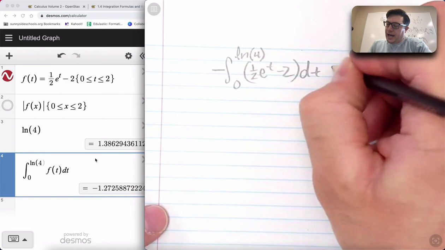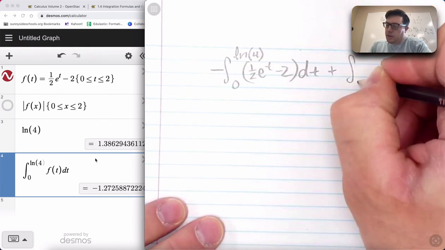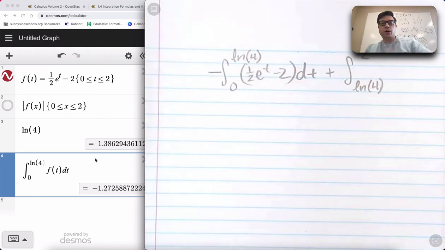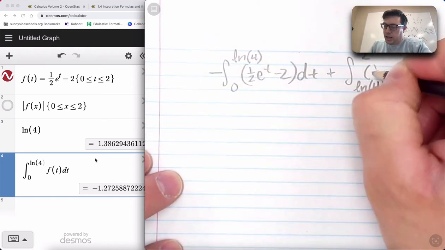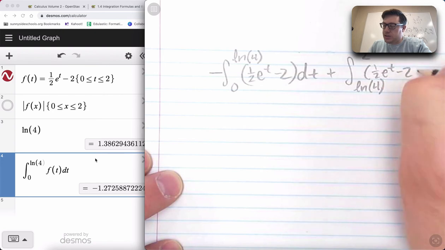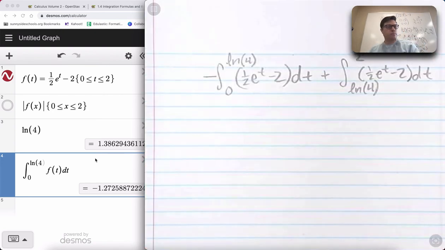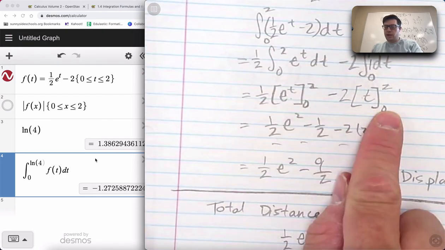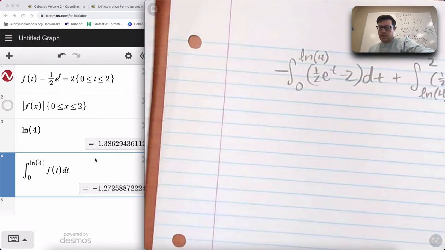And we're going to add to that the integral from natural log of 4 to 2. Everything from that point on is going to be positive. So here it is, 1/2 e to the t minus 2 dt. I'm going to assume that you're good with this part right here. Oh no, I can actually just jump to that. This will be easy.